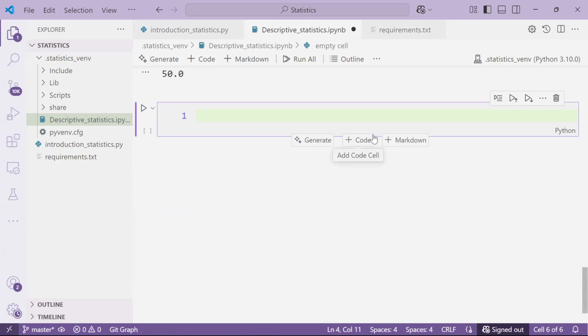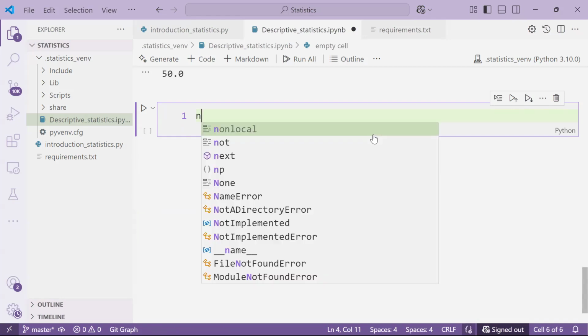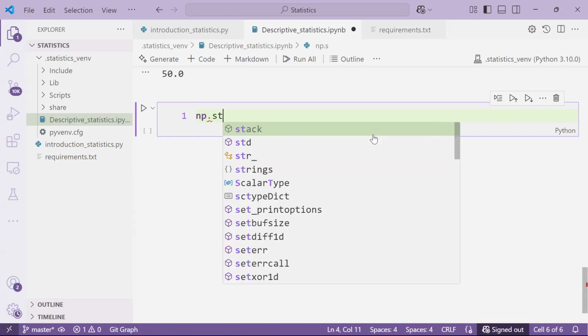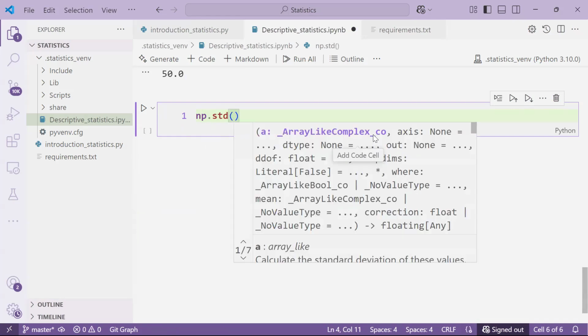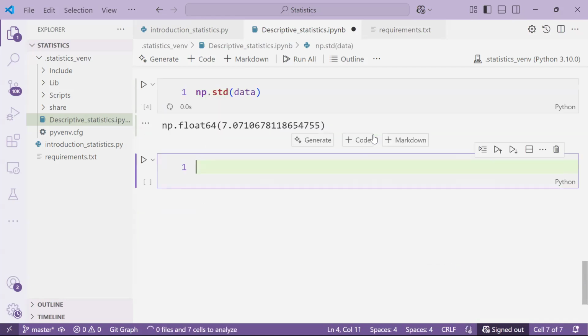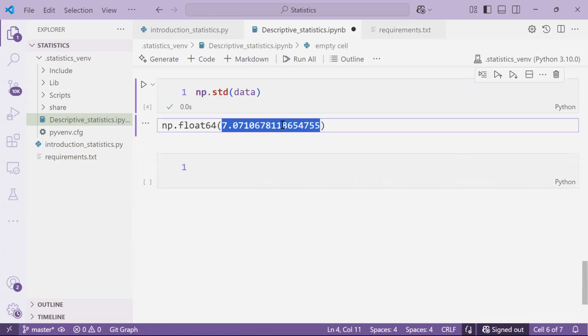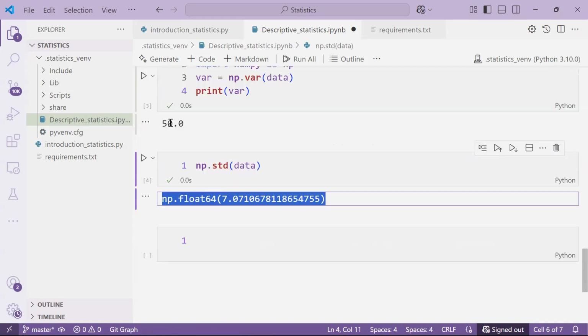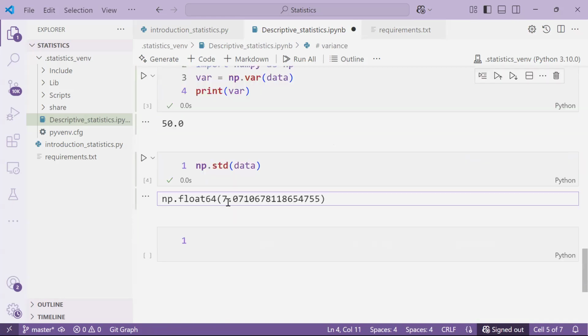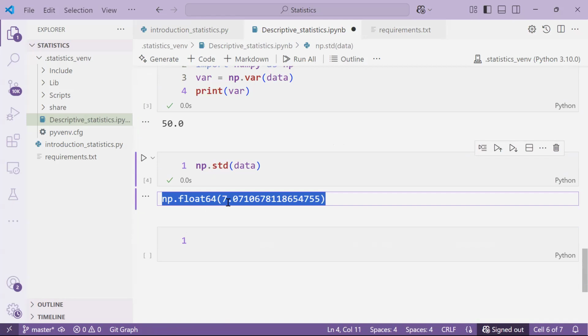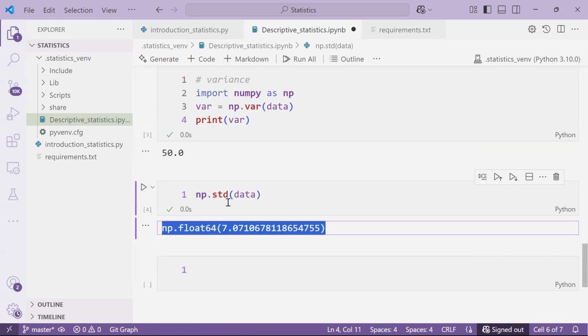Let's talk about standard deviation. For calculating the standard deviation, we have the std function. Previously we were getting 50 for the variance, right? Now the standard deviation is just 0.707. This is exactly the standard deviation, and it is realistic to your data.